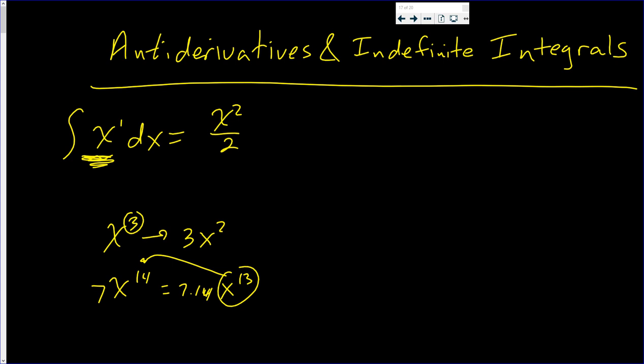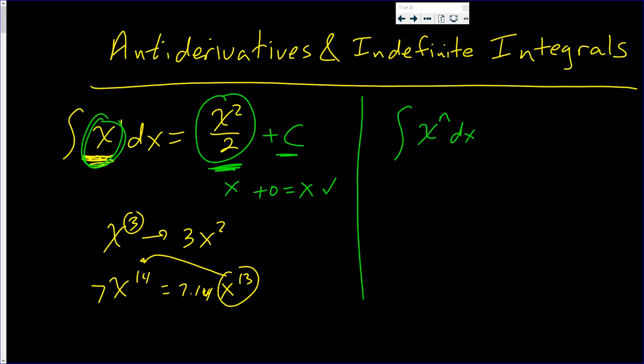Okay, well, what do you think the integral of x to the n dx is? For now, we'll say for any n. Again, the power is going to have to be one more. Because the derivative of that will be n plus 1, but most importantly, times x to the n.